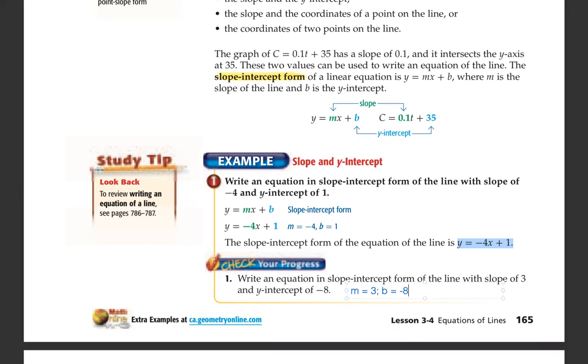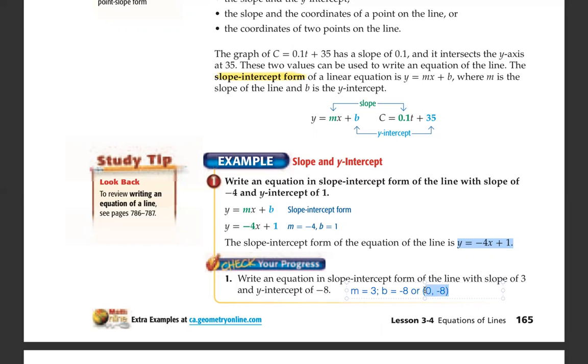You know what a y-intercept is? A y-intercept is the point on the graph where the line touches the y-axis. So at that point, when a line is crossing the y-axis, the ordered pair of that point is 0, and then your y-intercept. So you might be given this kind of ordered pair.